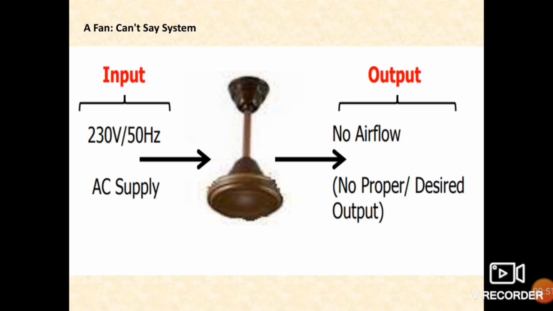What is the desired or proper output we want from the fan as a system? Airflow. But without the blades, there is no possibility of getting airflow from the fan.